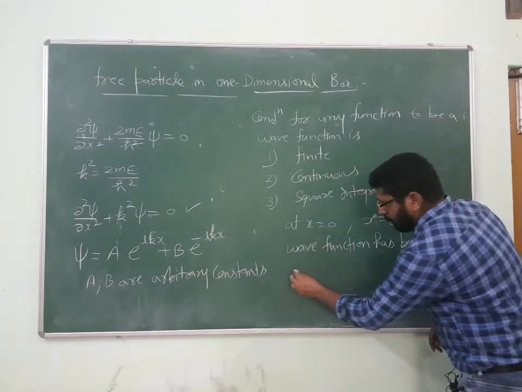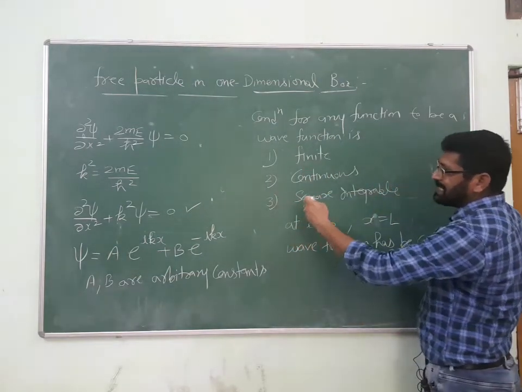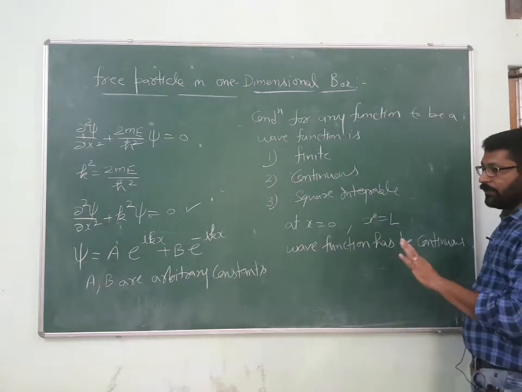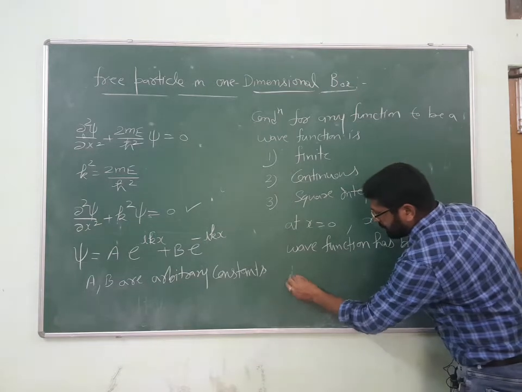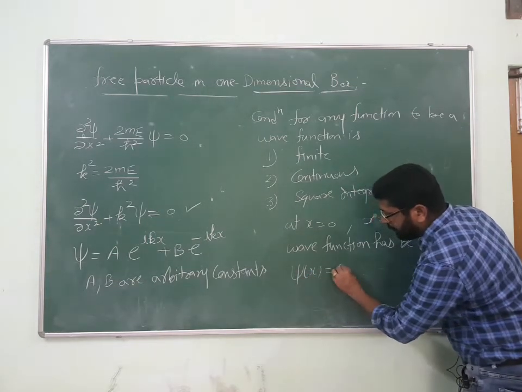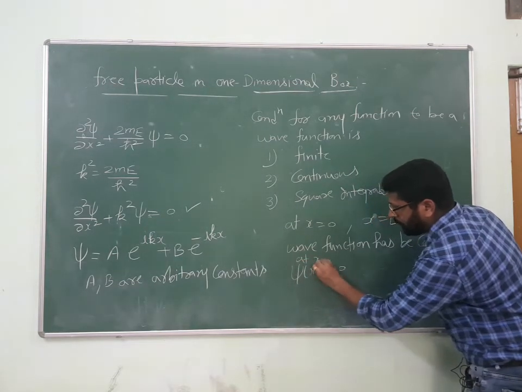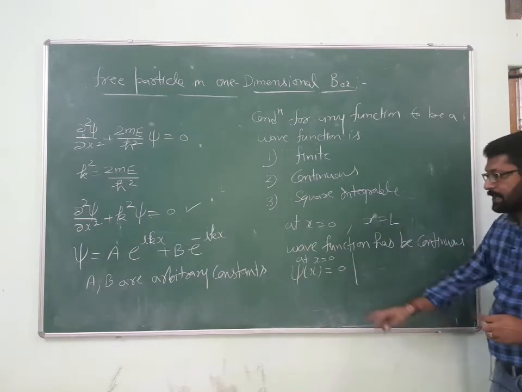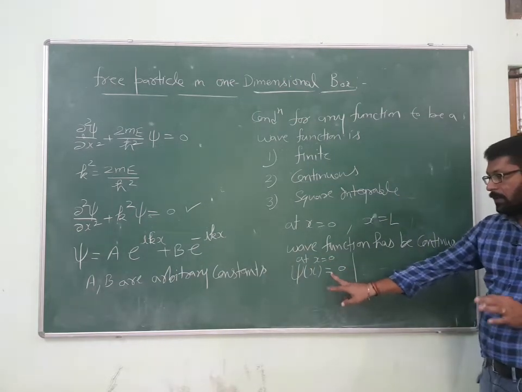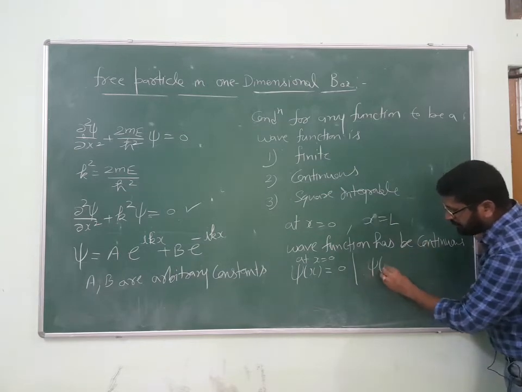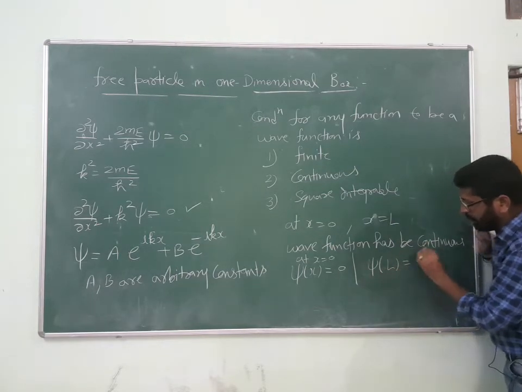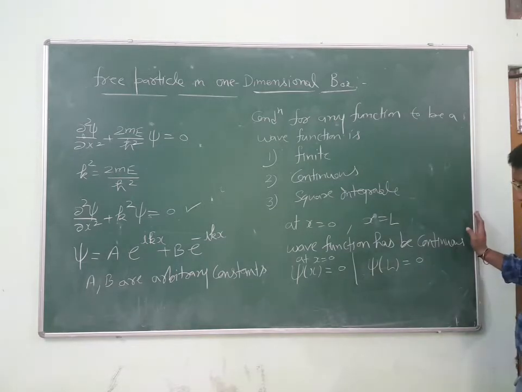That means, as we know, if we go just left of 0, the wave function is 0. So at x equal to 0, ψ(x) has to be 0. This is our first boundary condition. And at x equal to L, ψ(L) also has to be 0.